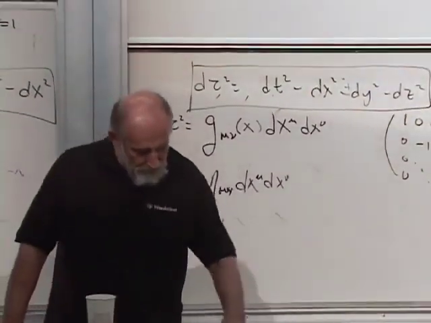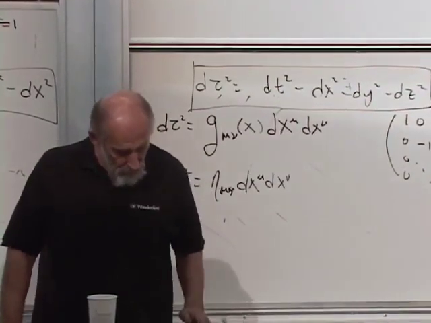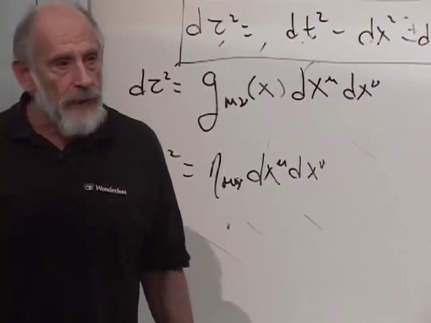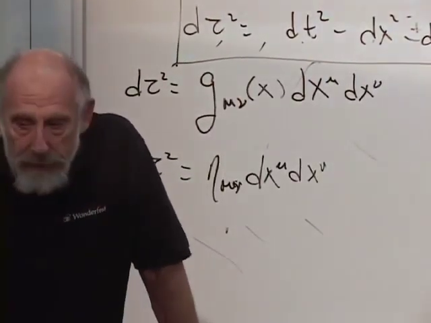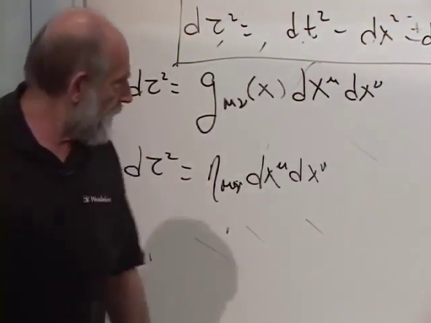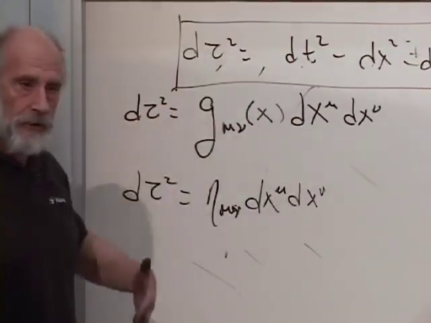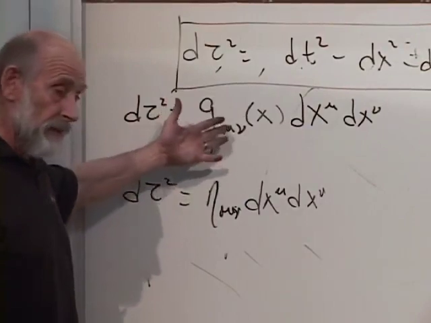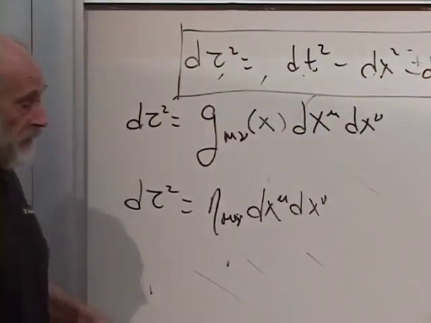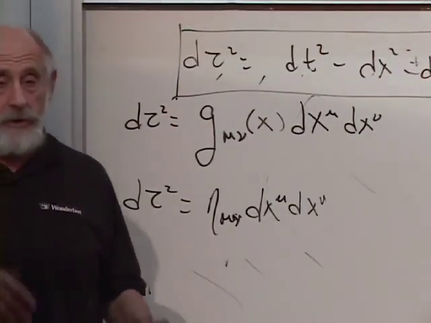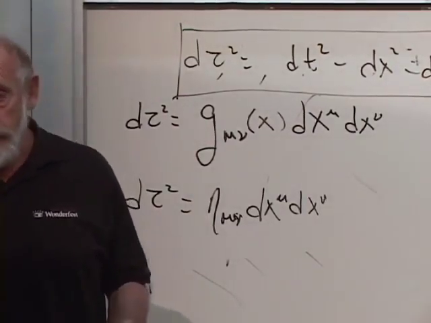Okay, that's space-time in a nutshell. Almost everything we said about tensors, their transformation properties, is still correct. G mu nu also has an inverse matrix. G mu nu and its inverse allow you to raise and lower indices.